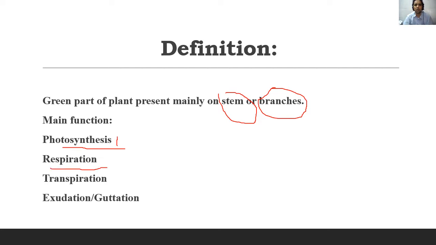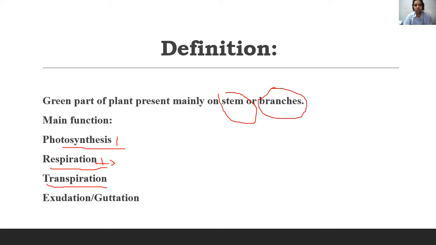Respiration is not a simple process of intake of oxygen and exhaustion of carbon dioxide, but it is a complex process during which organic matter is broken down into energy, and carbon dioxide and water are released as a byproduct.